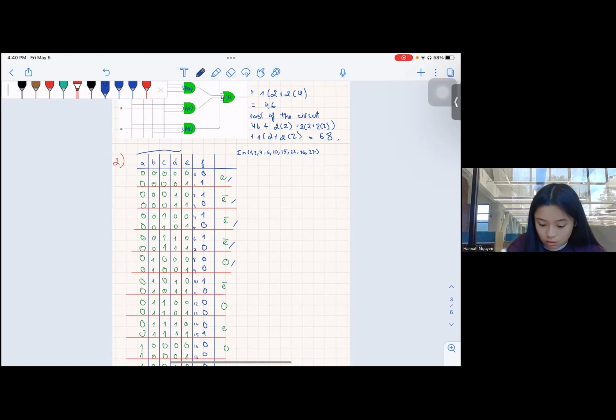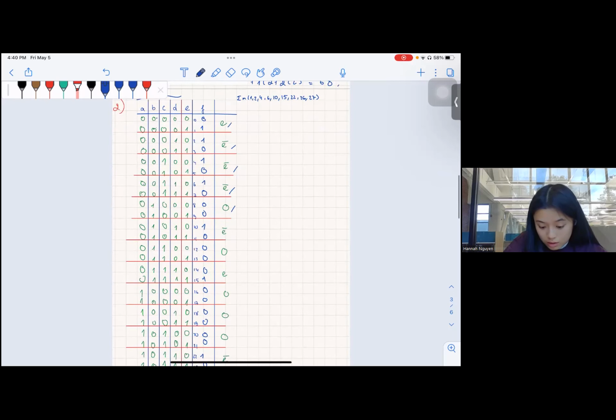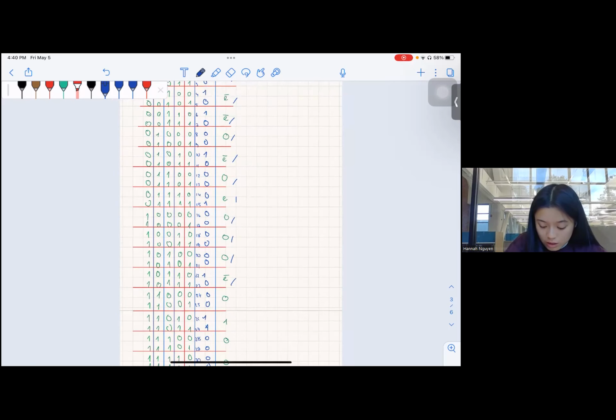So that means it's 0. And this one, the output's gonna be the negate of E, and this is 0, this is E, and 0, 0, 0, and the negate of E, 0.